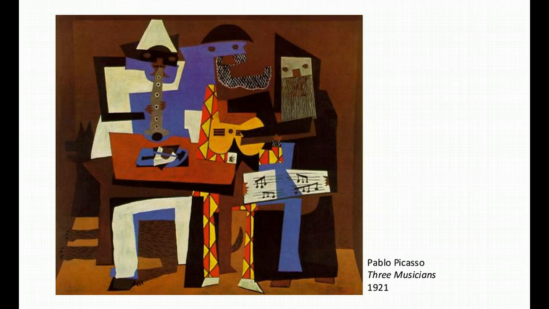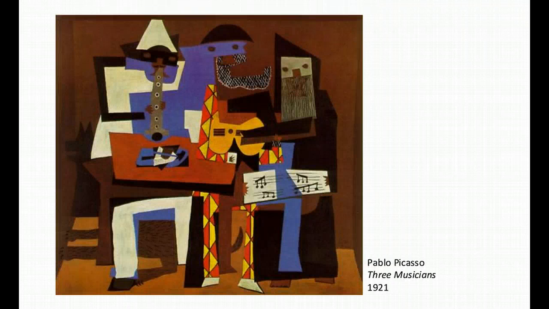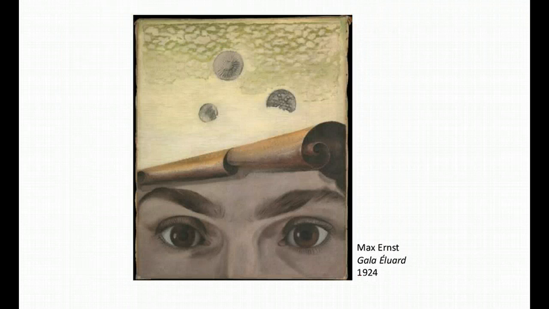But that said, he understood that he needed to do something that was quintessentially French, and so he made this work, Woman and Child on the Seashore. I bring up this work very specifically to introduce us to an idea called surrealism.